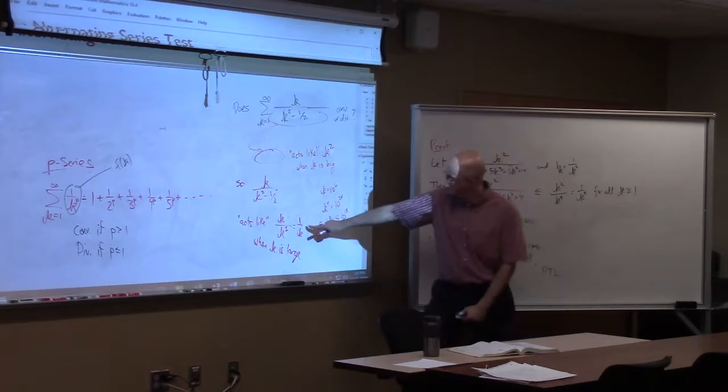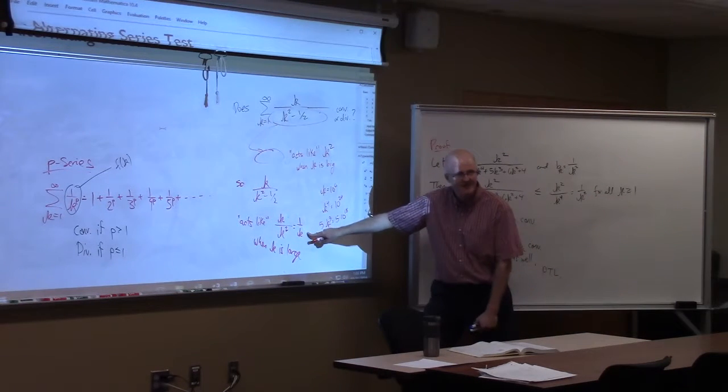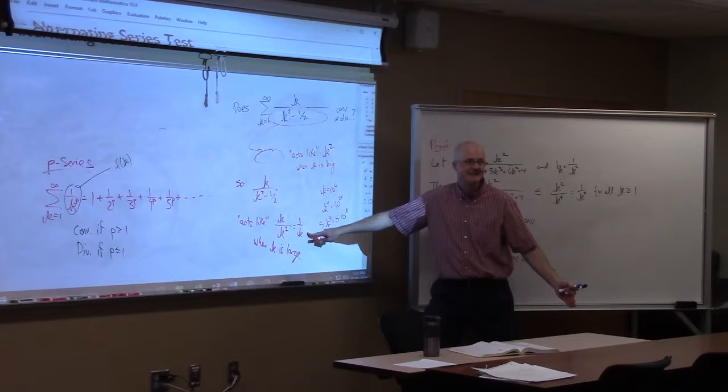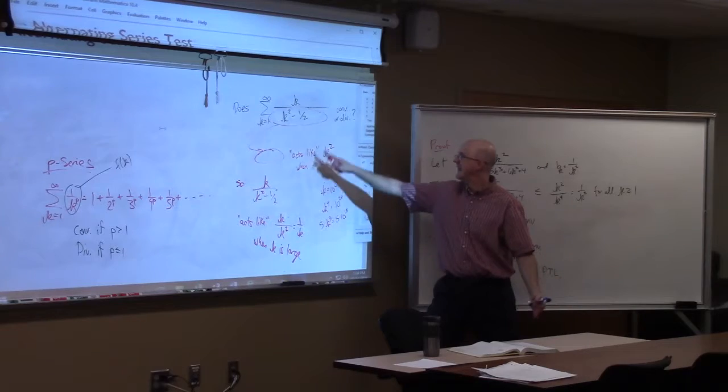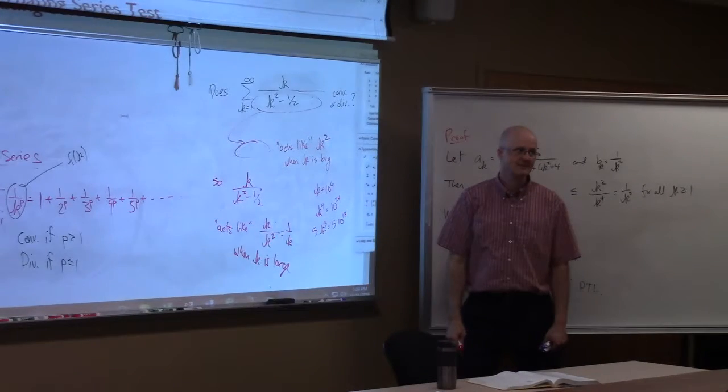Now we know the series whose terms are 1 over k, the harmonic series, diverges. Therefore, we think this series diverges. But to prove it, we want to use the comparison test.